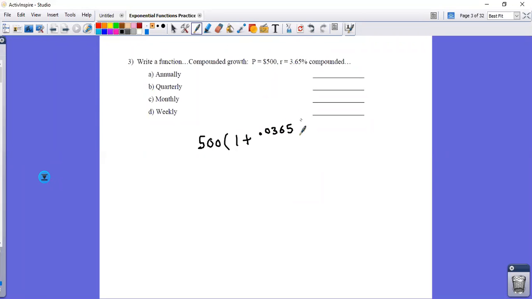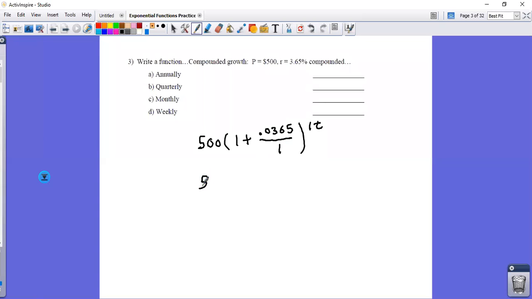Right, you move it twice over. Since it's compounded annually, that's once, which over 1 isn't going to change anything, and then 1 times t would be the power. So that's the function.